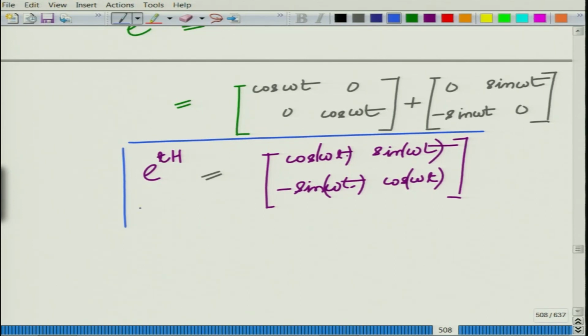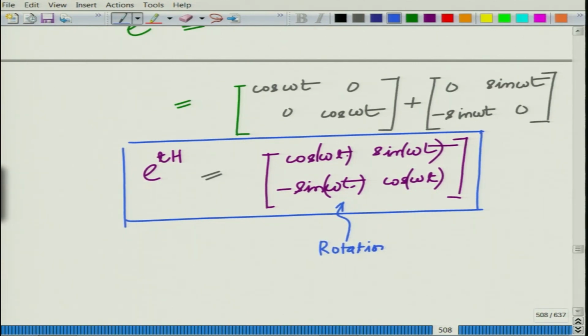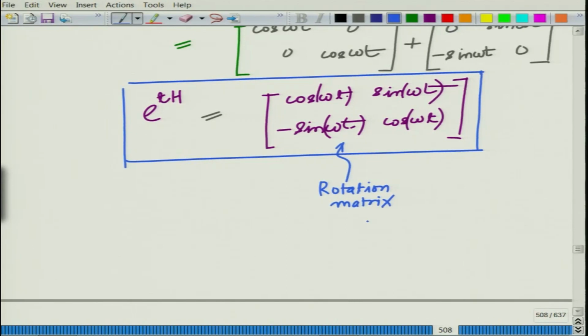And you can readily recognize this is nothing but the rotation matrix, which is rotating with angular velocity omega.